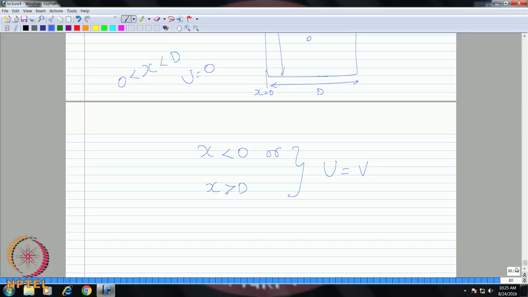So, now how many solutions you will have? For the case of infinite potential well, how many solutions you had? You considered only the domain x 0 to d. Outside the wave function is 0 because it cannot get out of the well. So, you did not consider the domain outside, you considered only within the well.